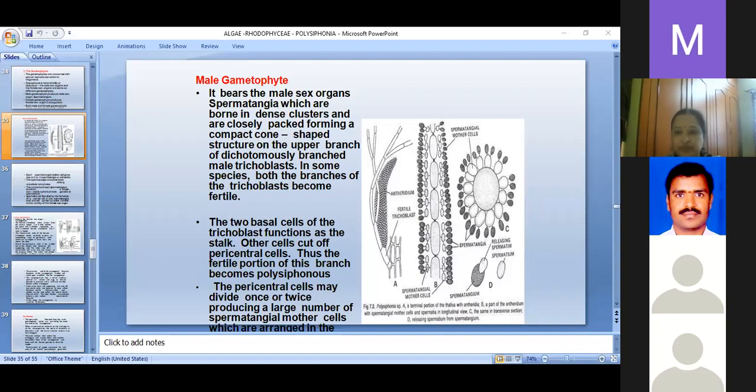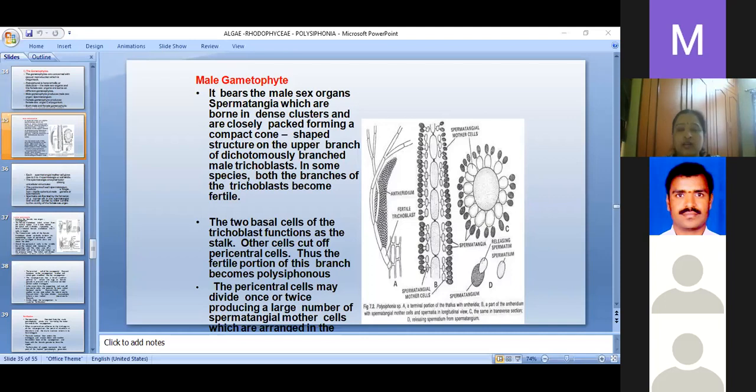The division is vertical to form a layering of pericentral cells, which are arranged in three triads. After the vertical division, the cells are arranged in three tiers, one above one: first tier, second tier, and third tier.